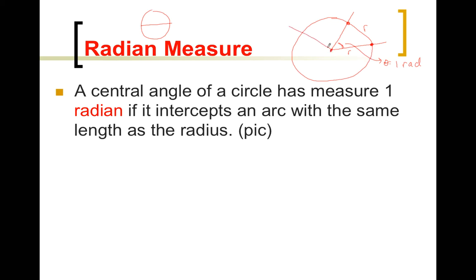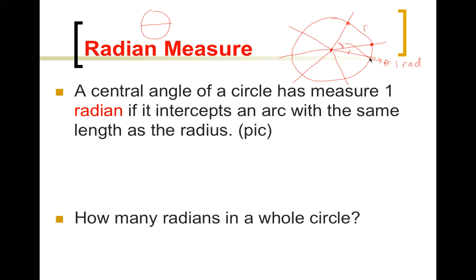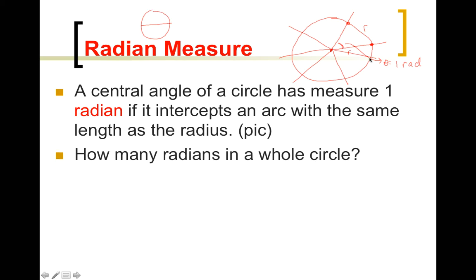So we have 1, 2, 3, 4, 5, 6, and a little bit more radians in a whole circle. The whole idea of 6 and a little bit more has to do with pi, and we'll get to that in a minute. So actually, I'm going to get to it right now.